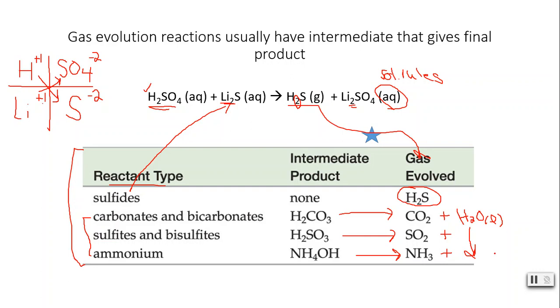So I believe that there is an example in the worksheet where one of your intermediate products is sulfurous acid, and then that will break down in your molecular equation to give you SO2 gas and liquid water. Okay. So gas evolution reactions have a gas as a final product. They are a subset of double displacement reactions.